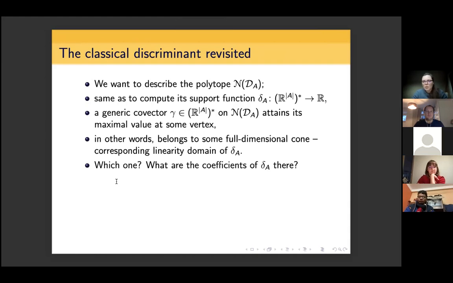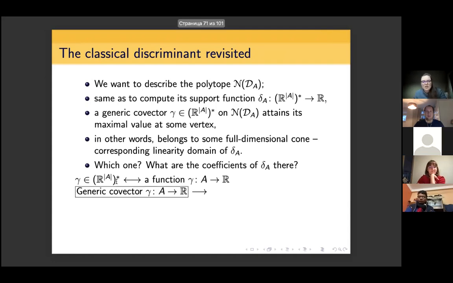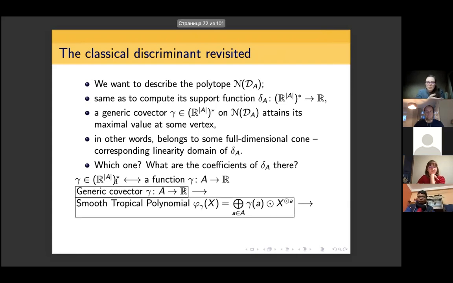And the question would be, for every covector, which linearity domain it is in, and how does the support function behave there? I think you can guess the pattern. We take this generic covector and associate a tropical polynomial with it, and if it satisfies certain genericity conditions, this tropical polynomial is smooth.